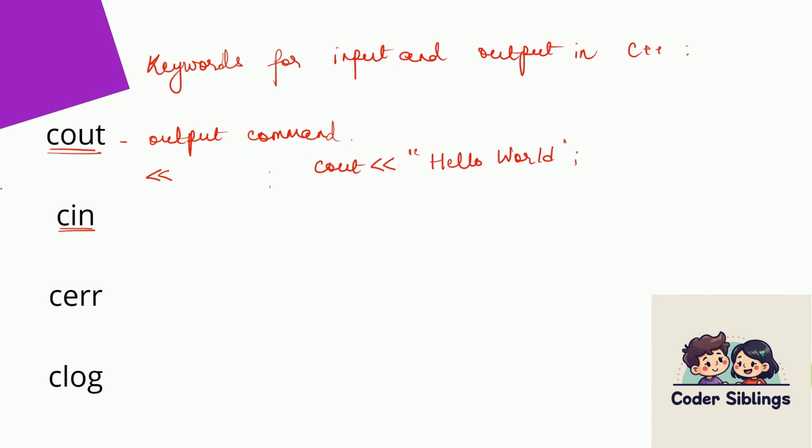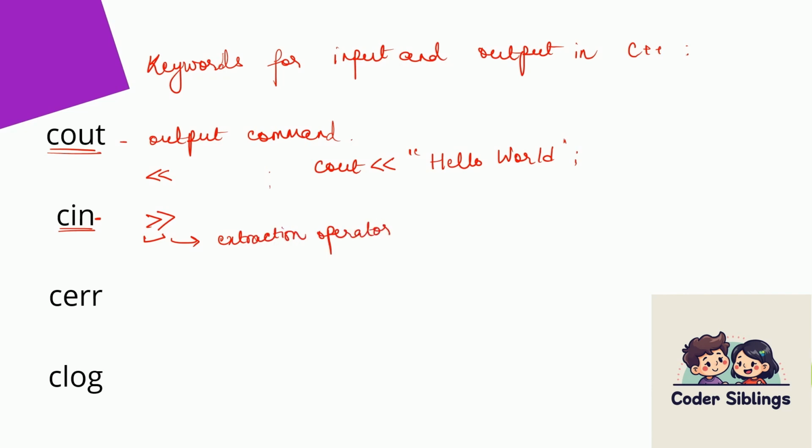Moving on to cin. Cin is a standard input stream. It is usually used to input data, and it is used with this operator. This is known as the extraction operator, right?